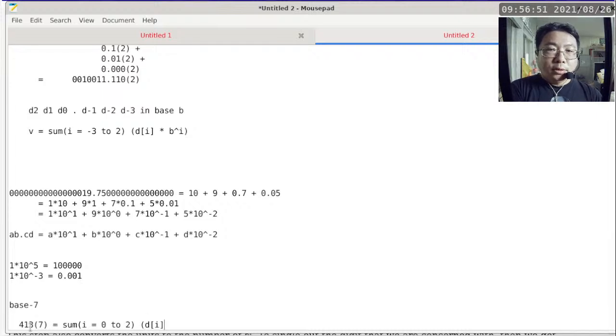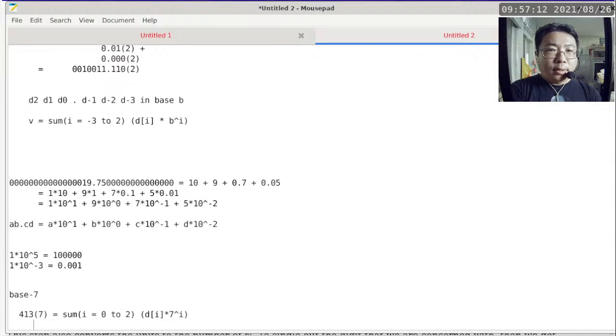Remember, the 3 here is d0, because that's digit 0 representing the quantity of 7 to the power of 0. This is multiplied by whatever base, and this time we have a constant of 7 as the base, to the power of i. So let's expand this summation: 3 times 7 to the power of 0, plus 1 times 7 to the power of 1, plus 4 times 7 to the power of 2.